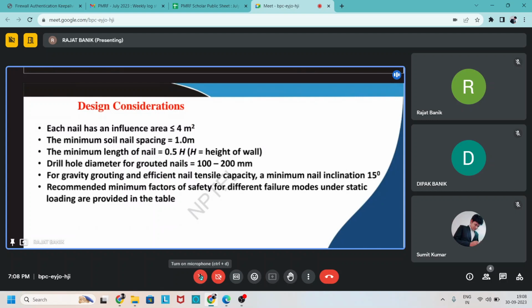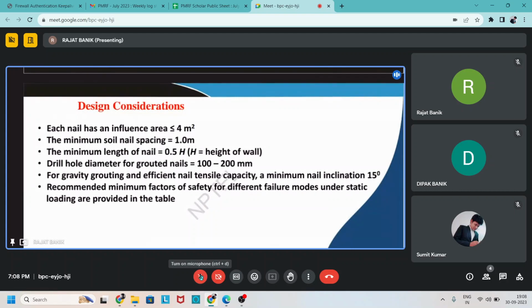The first one is that each nail has an influence area less than or equal to 4 meters square. That means if one nail is included into the ground, the coverage area or the surrounding improved area should be less than 4 meters square. The nail spacing should be 4 meters.